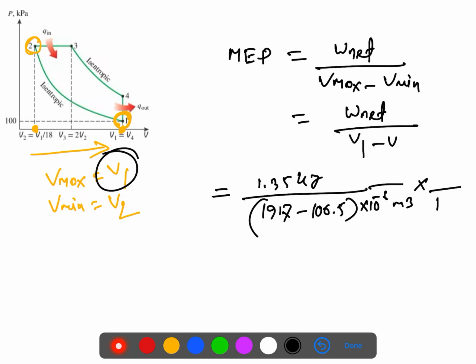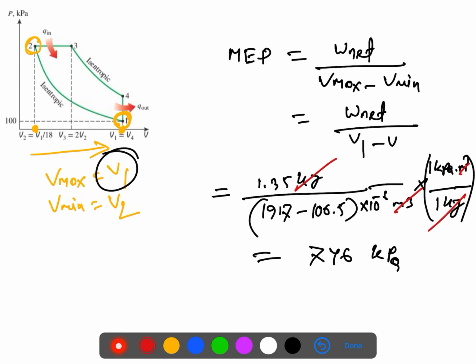1 kilojoule equals 1 kPa meter cube, so we can do the unit conversion. Now if we simplify this, it will be 746 kPa. Here the meter cube will go, the kilojoule will go, and we'll have only the kPa.